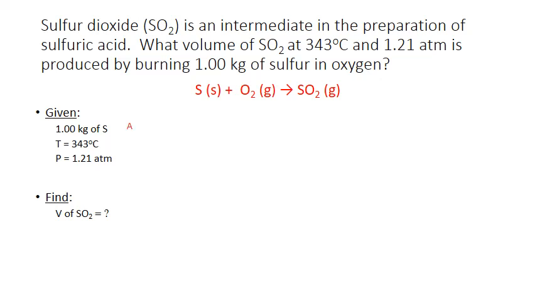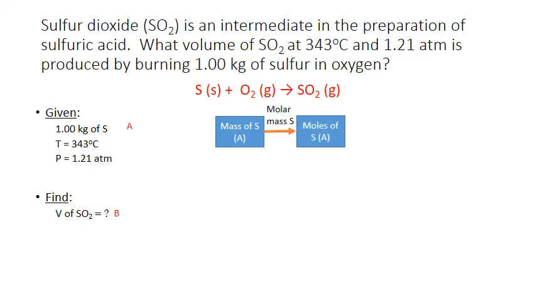We start with sulfur, which is our A, and go to sulfur dioxide, which is our B. And since we're starting with a mass, we have to convert mass first to moles of sulfur, the heart of our stoichiometry calculation, using the molar mass of sulfur. Then we use the coefficient ratio between sulfur and sulfur dioxide to convert to moles of sulfur dioxide.